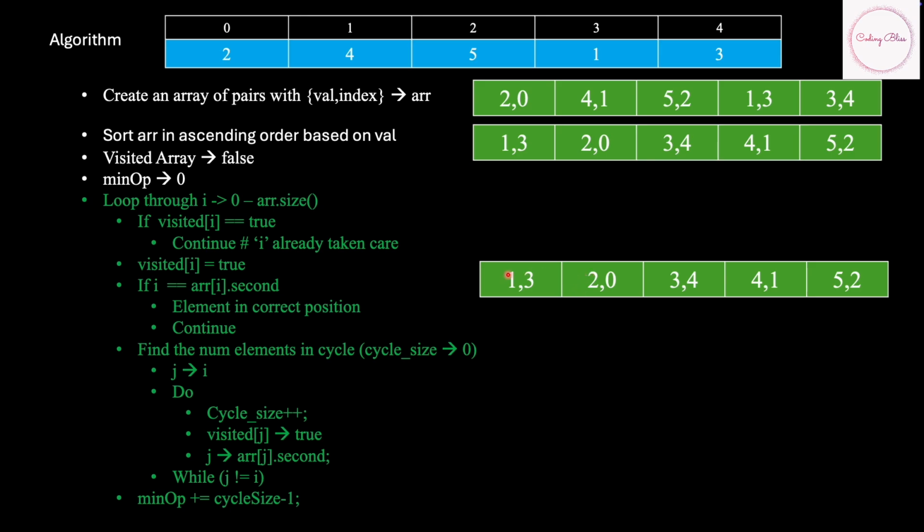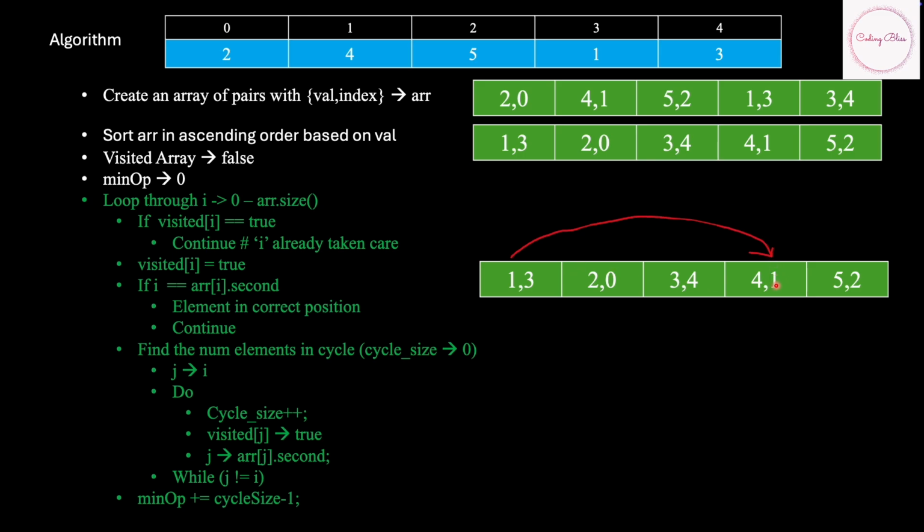Now we have to find the size of the cycle that is formed as a result of swapping the elements. So that means you actually need swapping, right? So we have to find the cycle size needed to swap these elements around. 1, as you can see, is currently in 3, so let's jump to location 3.